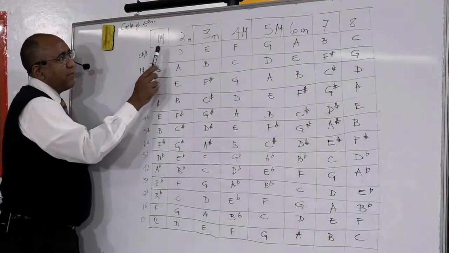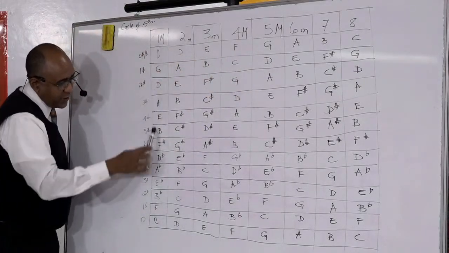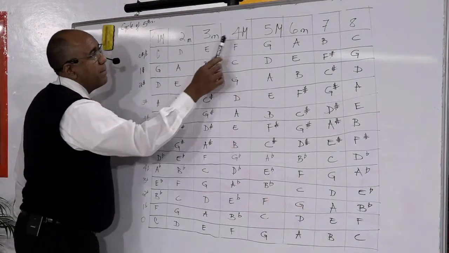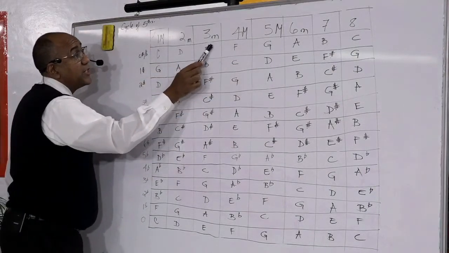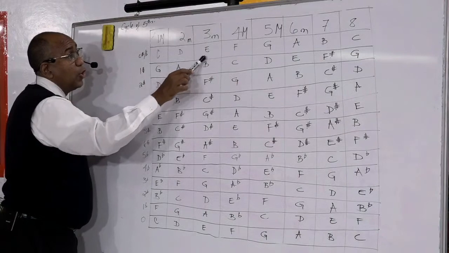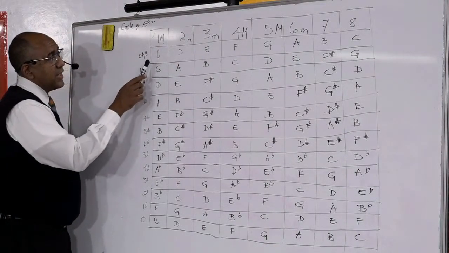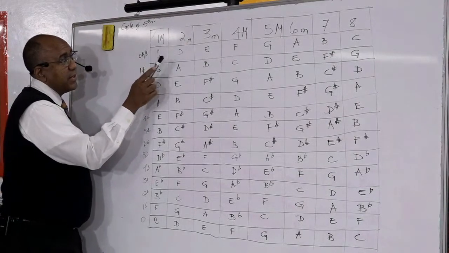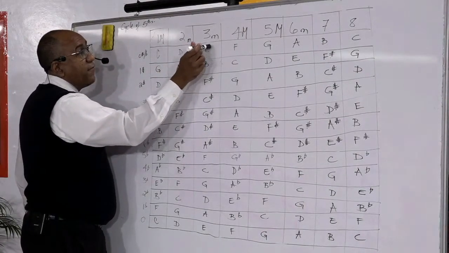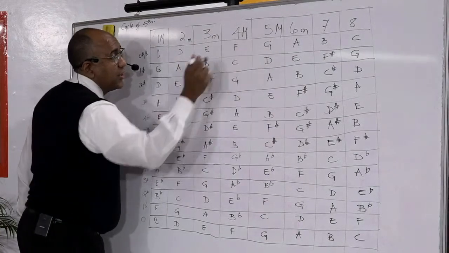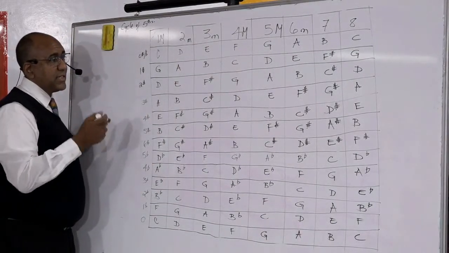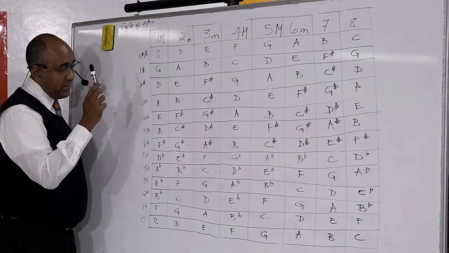So if we have learned from the first degree of the scale what the major is, all we have to do is to change that middle note, lower it one semitone, and it will become minor. So let's look. C, E flat, and G would give you the C minor.